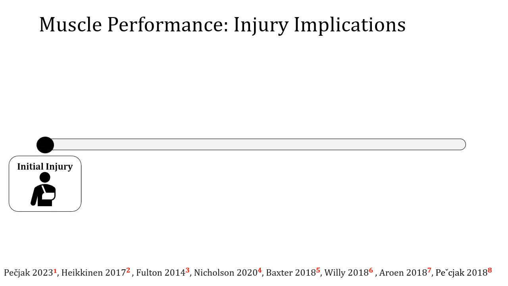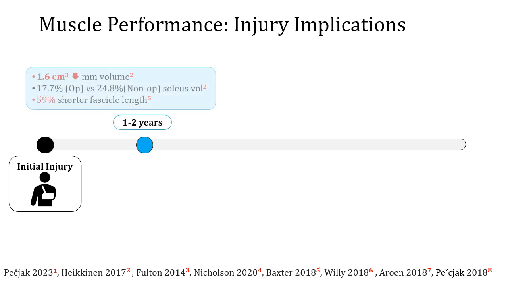So here's an example of a timeline. 1 to 2 years after Achilles tendon rupture, individuals still show a decrease in muscle volume of 1.6 centimeters cubed, and then you also have 17.7 versus 24.8% soleus volume still decreased.